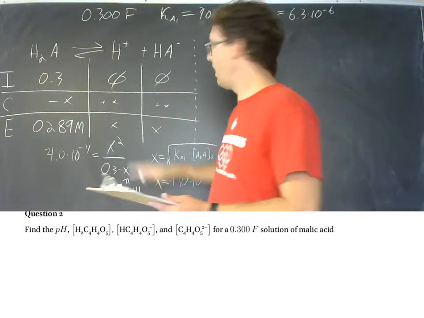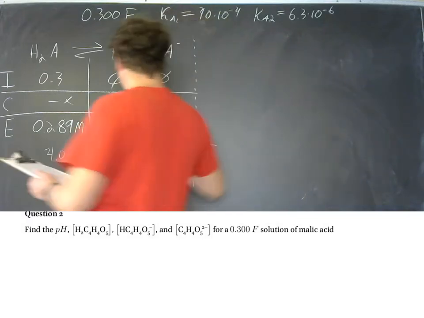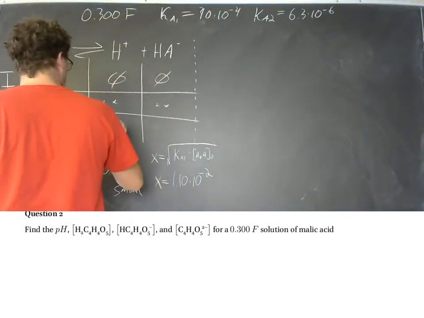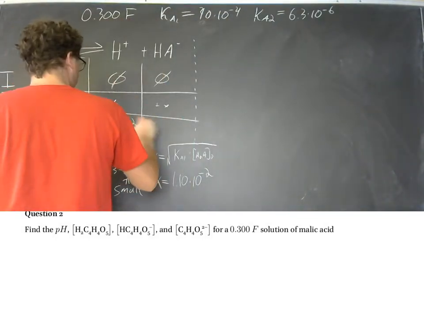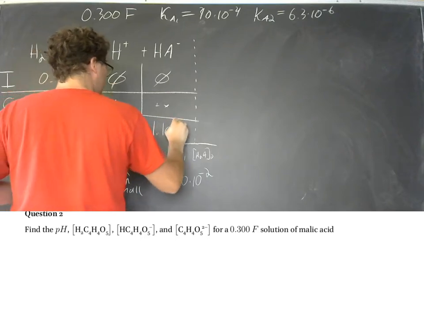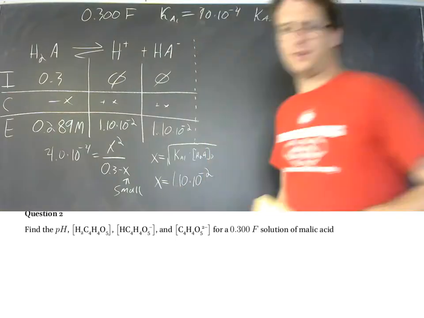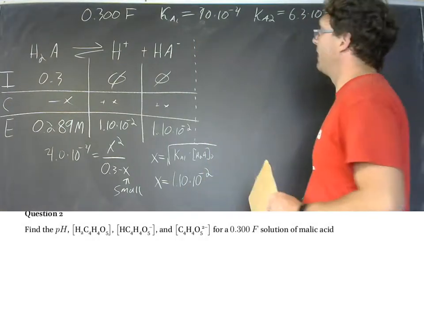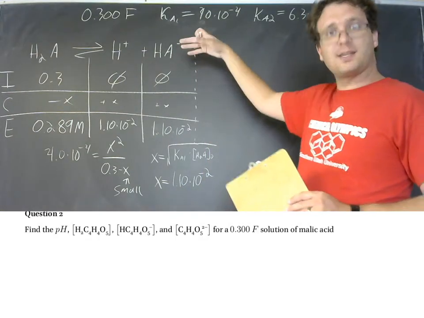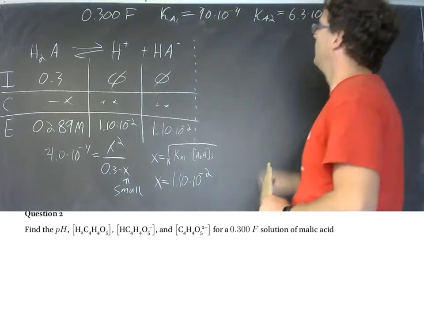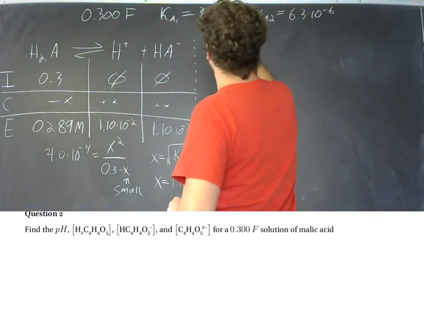And then for x and x, we just have 1.10 times 10 to the negative second, 1.10 times 10 to the negative second. Only we know that the chemicals aren't done reacting yet. HA minus is itself a weak acid. And so we'll have a second ICE table over here.